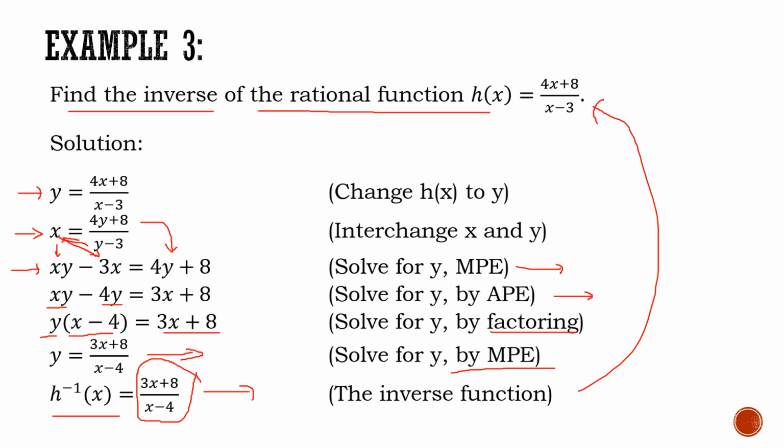Again, you need to check if the given function is a one-to-one function before moving forward. Because if it is not a one-to-one function, there is no such thing as an inverse function. You need to check if this is a one-to-one function, then move forward in getting the inverse function of this given rational function.